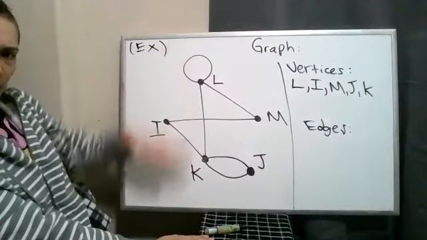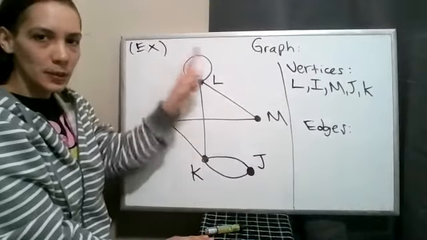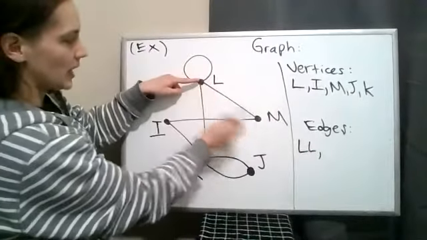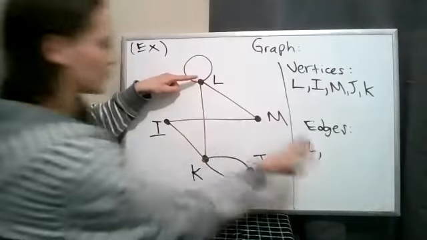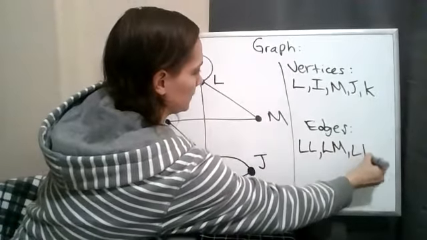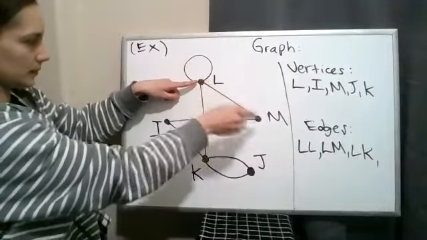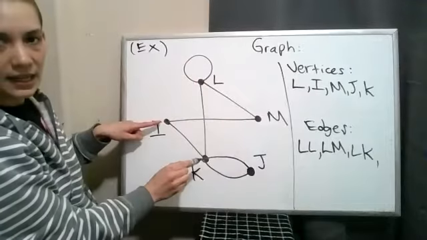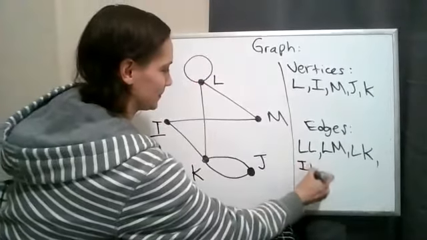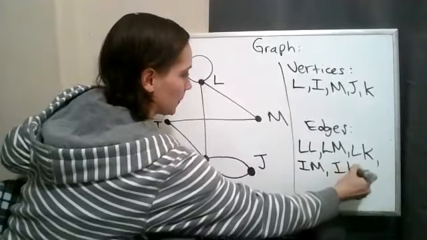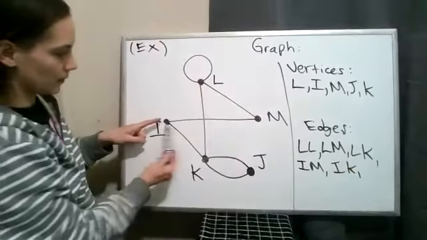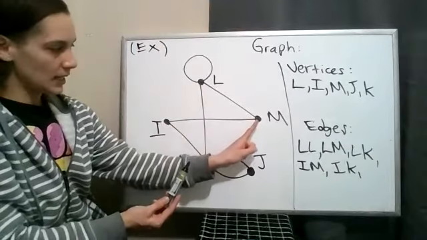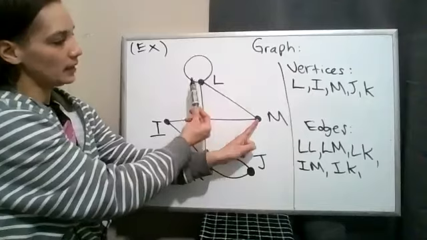I kind of want to go top to bottom for these edges. So starting with the loop LL, and then L goes to M, and L goes to K. Let's go here. I, M, I, K. And I'm going to go across this time. Just use this vertex and check it. Did I get ML?